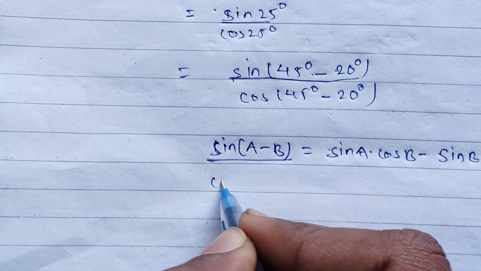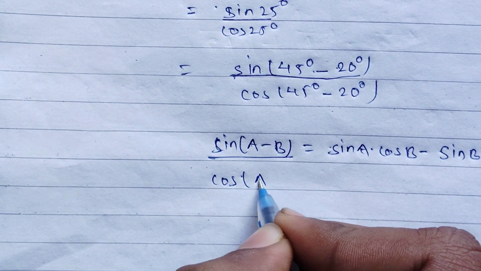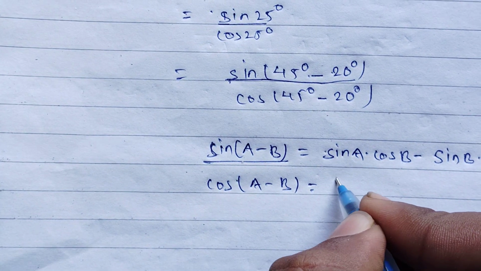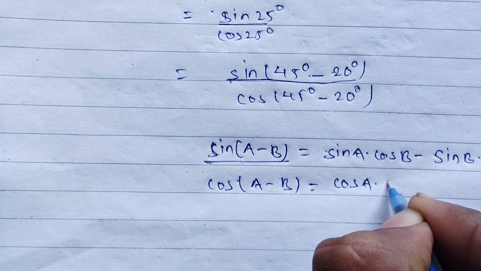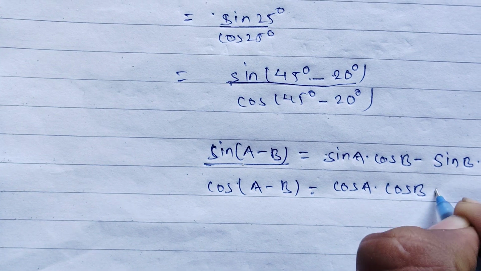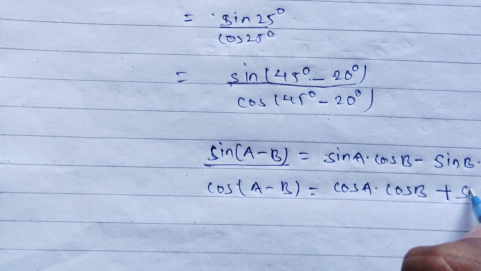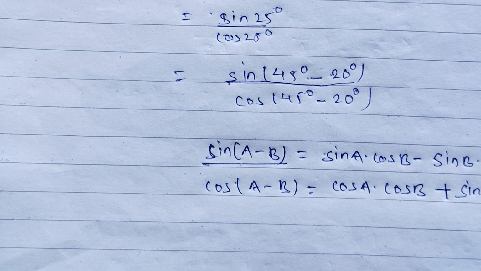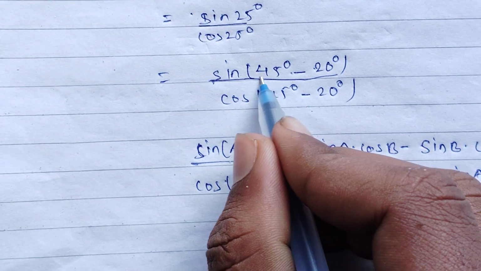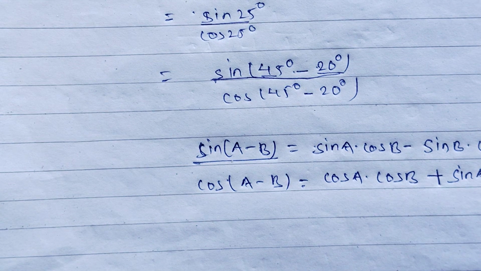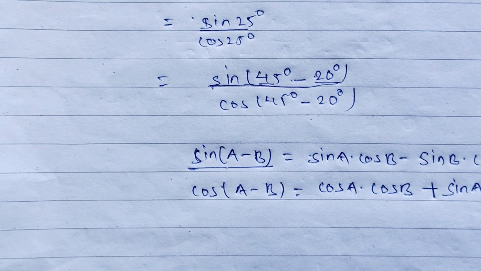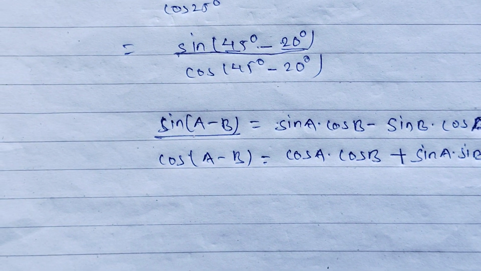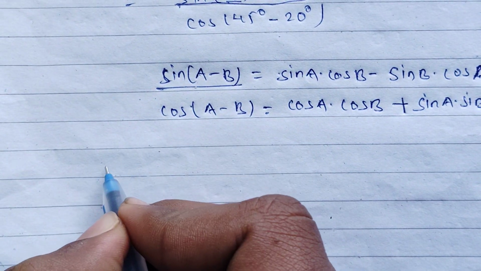Similarly, cos (A minus B) equals cos A into cos B plus sine A into sine B. Here we imagine that 45 will be A and 20 will be B. Then we apply the formula.